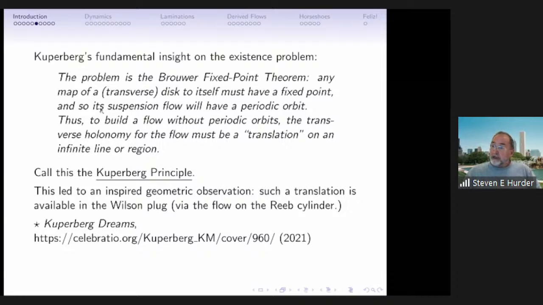But Krystyna explained that she was thinking about this question of why you have to have a fixed point, and stated that, well, if you have a flow that takes a disk to itself, it's going to have a periodic orbit.